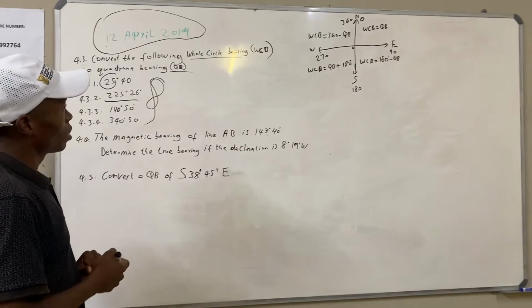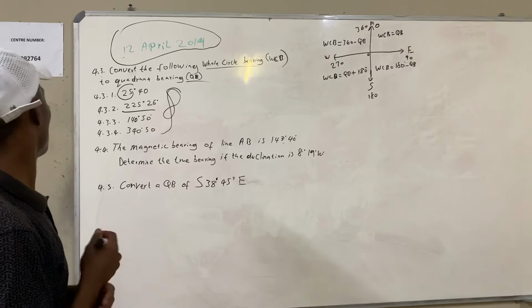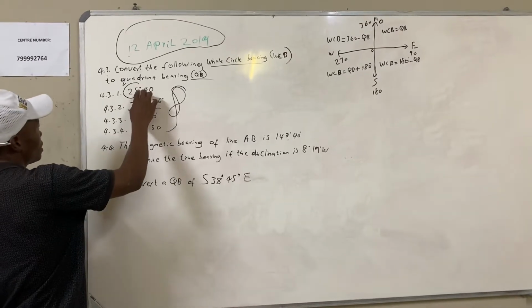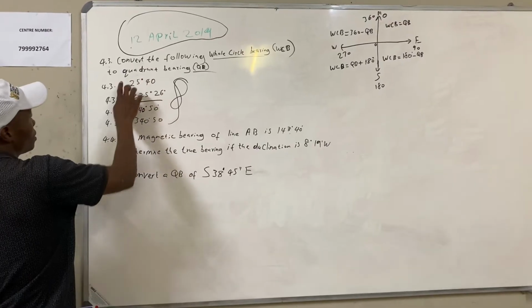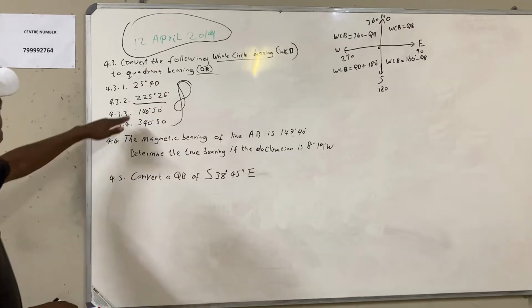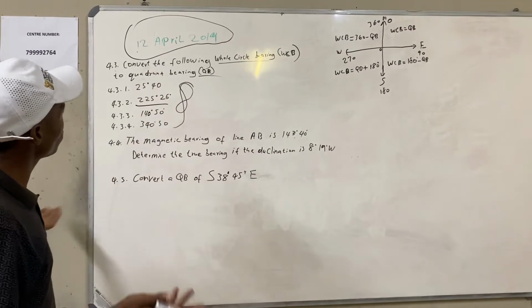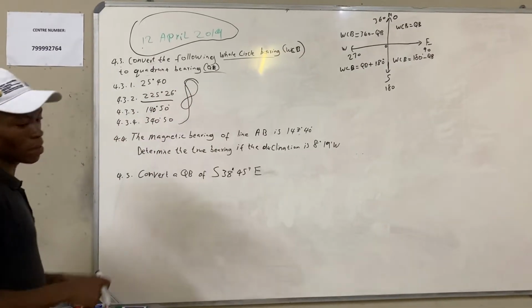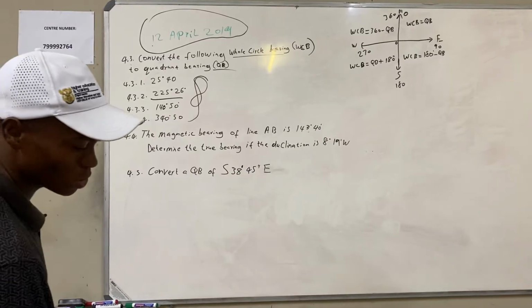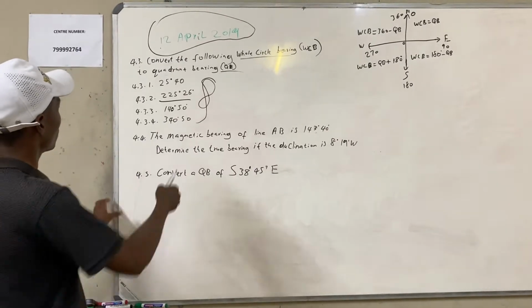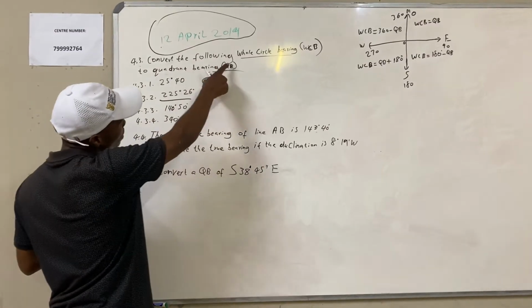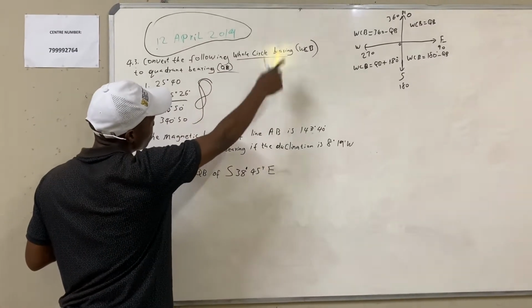So you must make sure that you know those things by heart. Then we have to convert, guys. First of all, we don't know whether it is a whole circle bearing or a quadrant bearing, but one thing you must understand here: the question says you want to convert the following whole circle bearing.